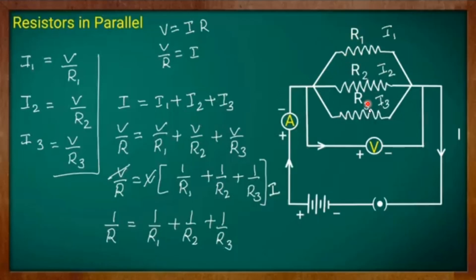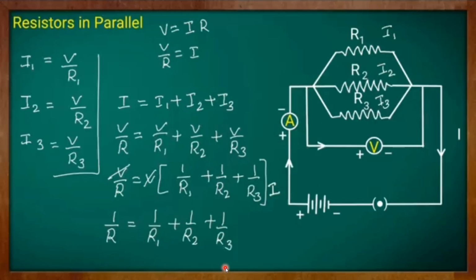In parallel, the resistors are connected through the junction to each other, and the voltmeter is connected in parallel to all three resistors. That is to say, the voltage across these resistors is the same. So ultimately we have the formula 1 over R is equal to 1 over R1 plus 1 over R2 plus 1 over R3.